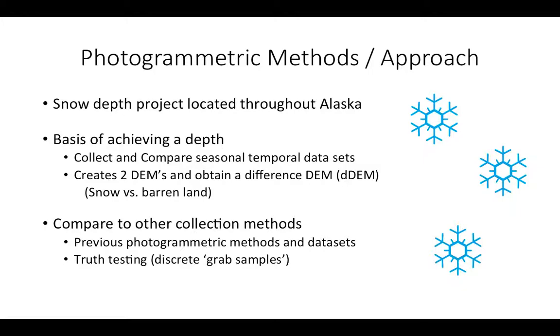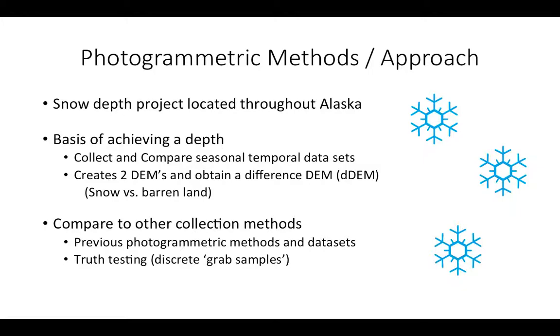The basic photogrammetric methods and approach from this article were to analyze the snow depth of a few different project locations throughout Alaska. To achieve these depths, they would collect and compare seasonal temporal data sets by collecting photogrammetry of an area in the summer where there's no snow, and then flying over the exact same area and collecting data of the same area but with snow.